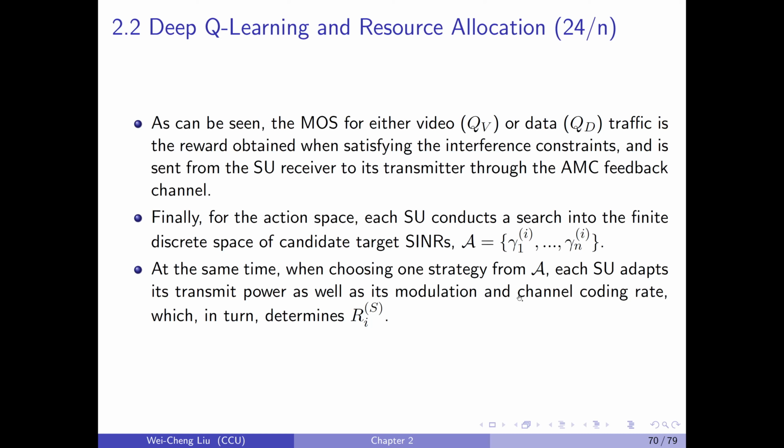We have introduced what the channel coding rate is. If you forget, please review the handout of chapter 2, which in turn determines RIS, that is the transmit bit rate.